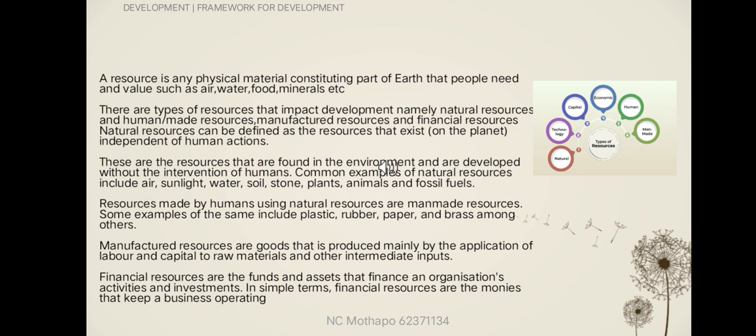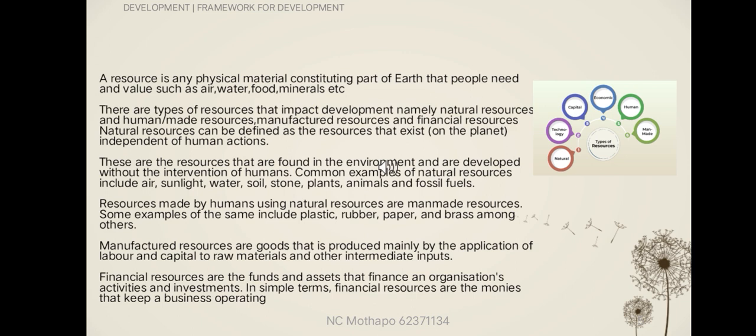Common examples of natural resources, as already mentioned above, include air, sunlight, water, soil, stone, plants, animals, and fossil fuels. Resources made by humans using natural resources are man-made resources. Some examples of the same include plastic, rubber, paper, and brass, among others.